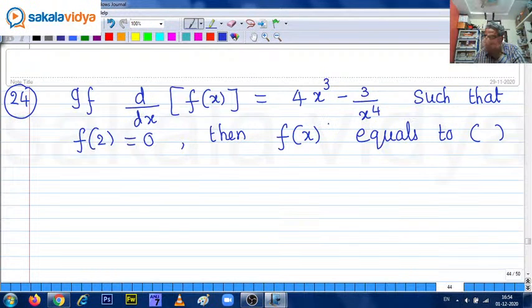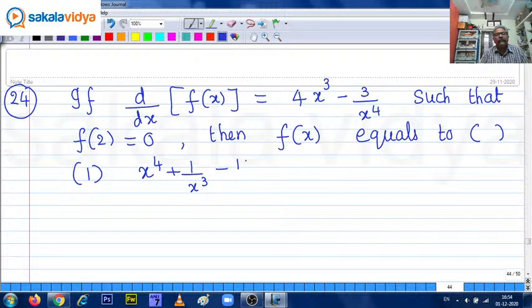So welcome, Viresh. First option: x to the power of 4 plus 1 upon x cube minus 129 upon 8. Second option: x cube plus 1 upon x to the power of 4 plus 129 upon 8.